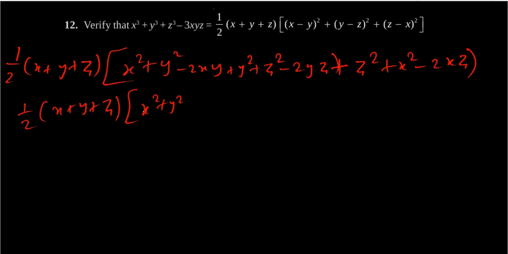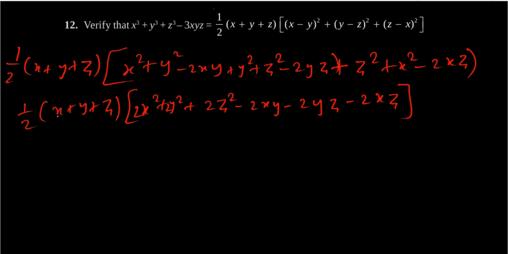We have 2x square, 2y square, and in the same way z also, plus 2z square, minus 2xy, minus 2yz, minus 2xz. If you see inside the bracket, all the terms are having 2, so we can take 2 outside first. The 2 and the denominator 2 will get cancelled. So there is no denominator.